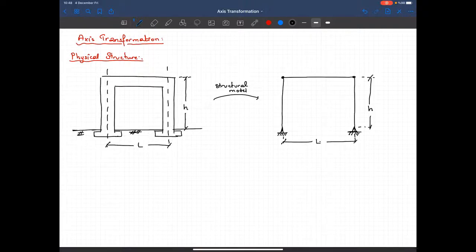And we said that when you create a wireframe model like this, what the line that we draw actually represents is the center line, the neutral axis of our actual beam elements. And here again, the columns are represented in their center lines, from their neutral axis.